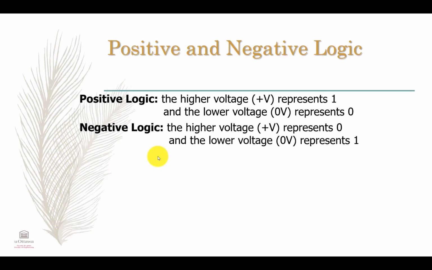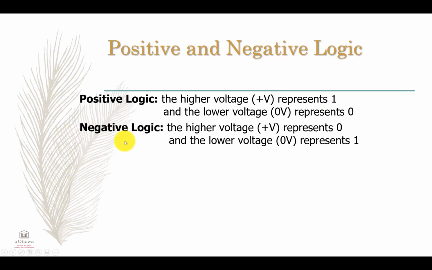So guys, another piece of information that I would like to share with you is that, in general, digital circuits can be described using positive logic and negative logic. When we describe a circuit using positive logic, the high voltage represents the one, or the true format, and the lower voltage, which is 0 voltage, or the ground, represents 0.